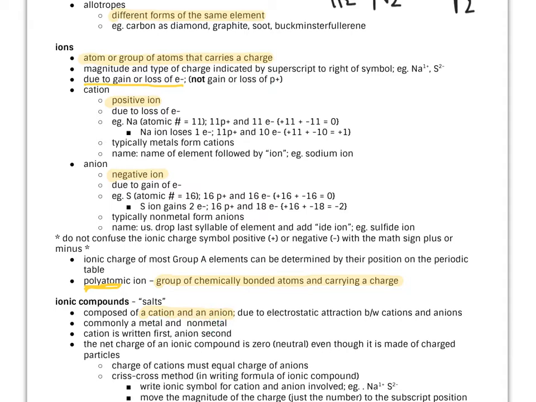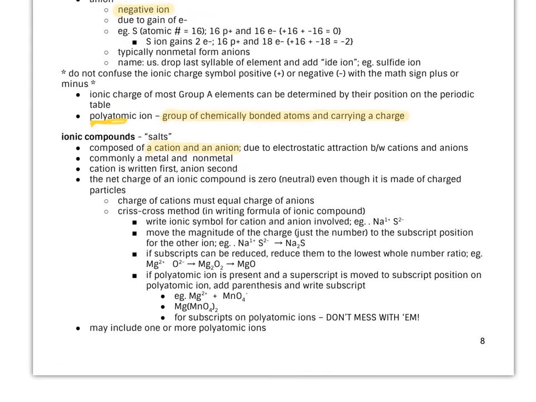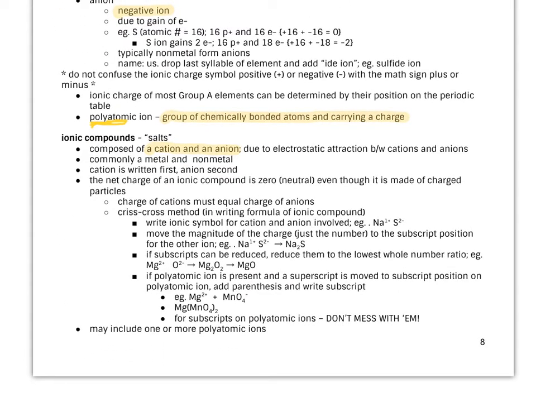So in this situation, opposites attract. So the negative digs the positive, and it's due to the electrostatic attraction between them. Since cations are typically metals, and since anions are typically nonmetals, ionic compounds are typically found between metals and nonmetals. Just a few rules. The cation, the positive one, is always written first. The anion follows.